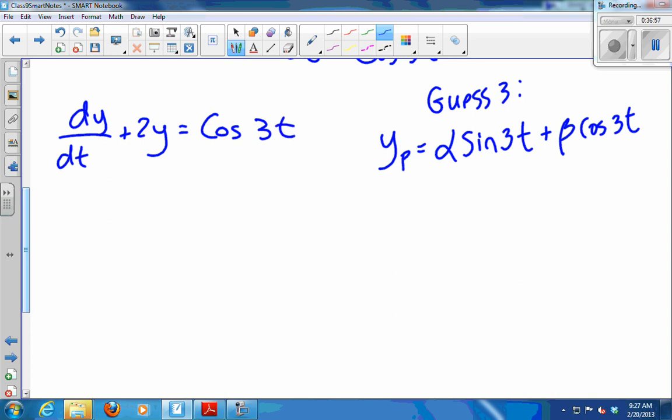Okay, so dy dt would be 3 alpha cosine 3t minus 3 beta sine 3t.